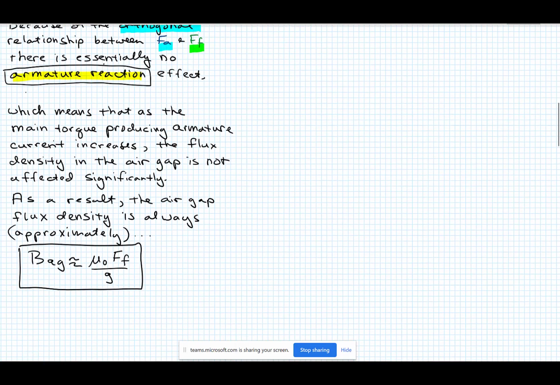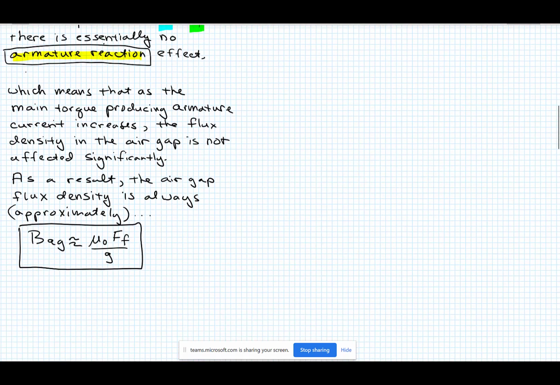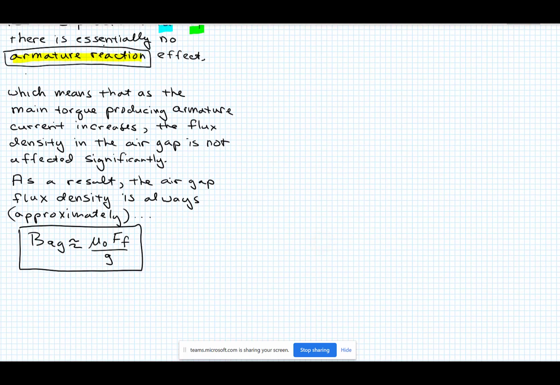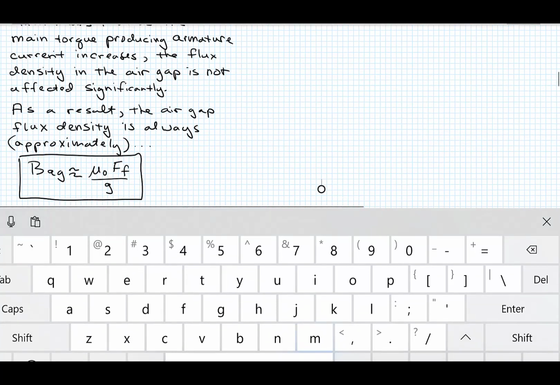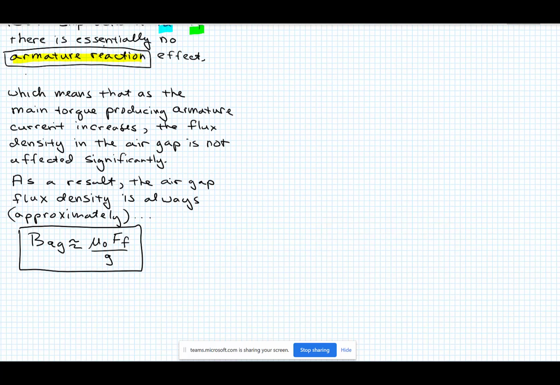And so as a result, you can say there's an air gap flux density always, regardless of the armature current, that's approximately, almost exactly, equal to the MMF times mu divided by g, the gap. And you could derive this expression from a simple magnetic circuit if you wanted. We're used to seeing flux is equal to F over reluctance, right?